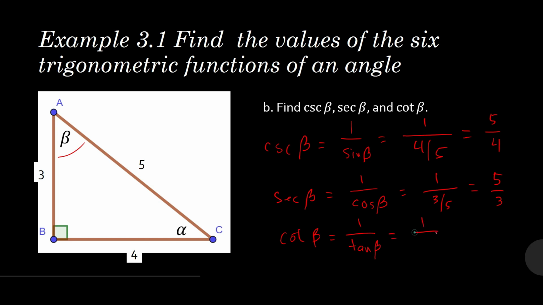What's tangent of beta? It's the side opposite, that is 4, over the side adjacent, so it's going to be 4 over 3. And so cotangent of beta is equal to 3 over 4. So again, the cosecant, secant, and cotangent functions are the reciprocals of your sine, cosine, and tangent functions.